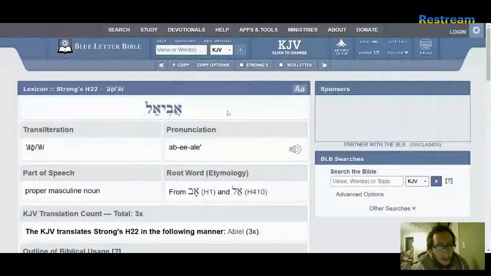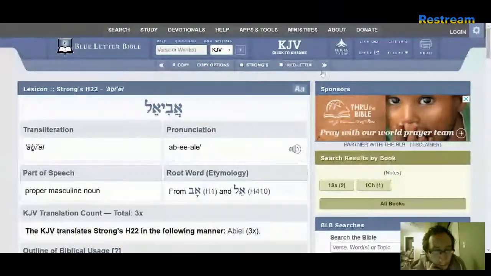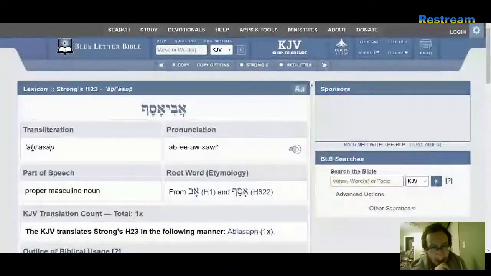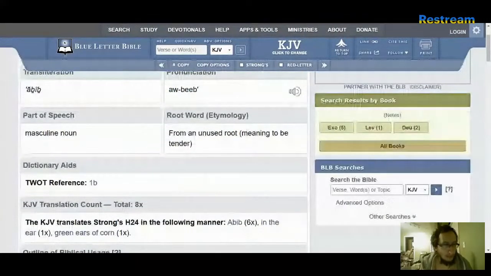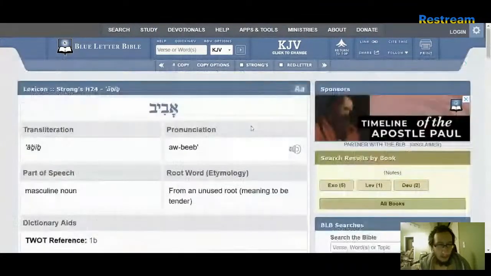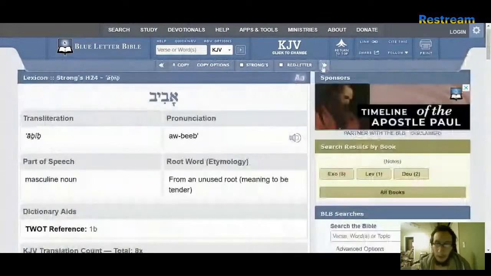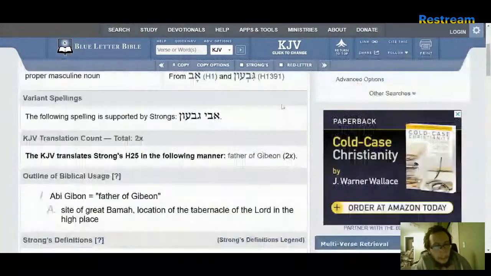So now these are a bunch of names. My father is God. Abiasaph. These are all different Strong's numbers. Abib, that's the month, or the month of Abib. We covered that one already.